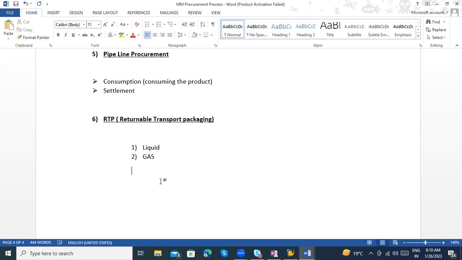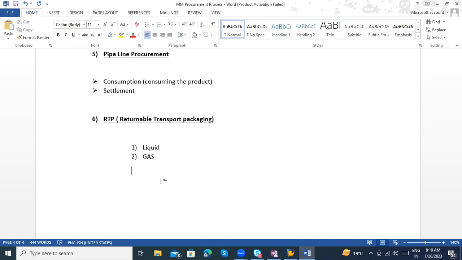But if it is very expensive, even the company or the vendor is not ready to lose that amount, so obviously they plan to return it. So when I order 1,000 oxygen cylinders, once I consume that oxygen, I will be returning those empty cylinders to the vendor.